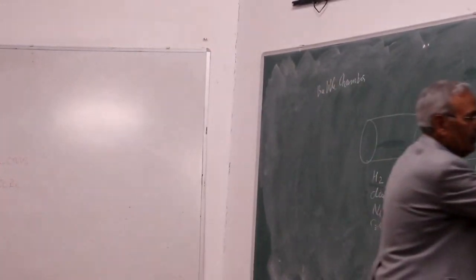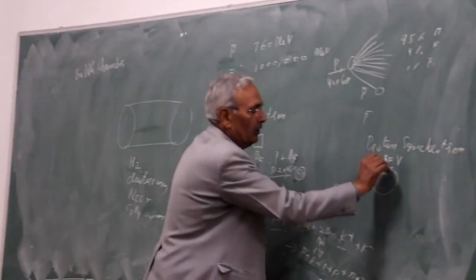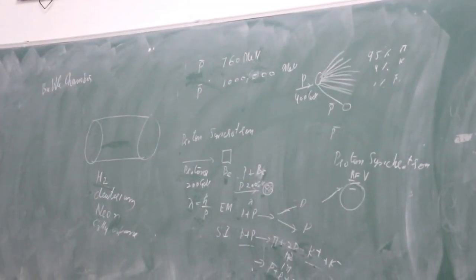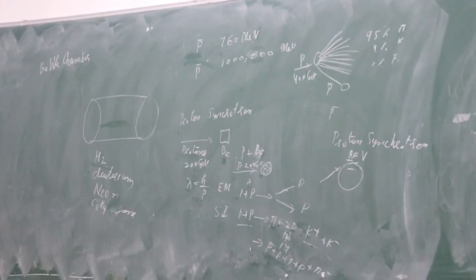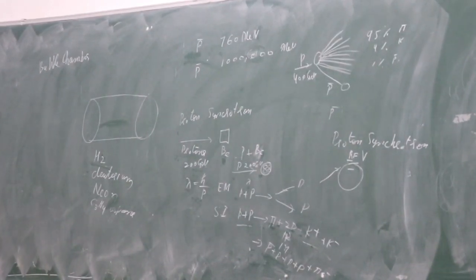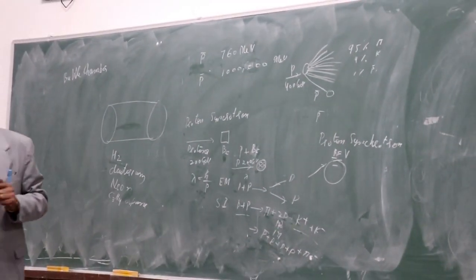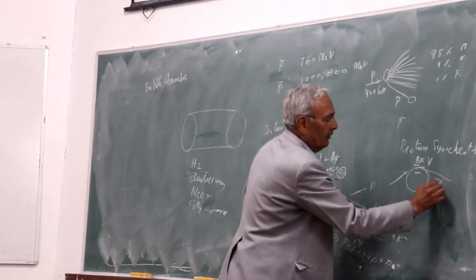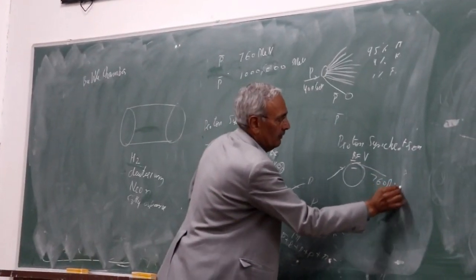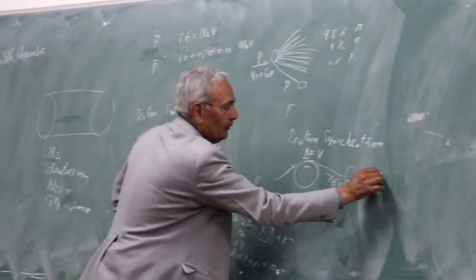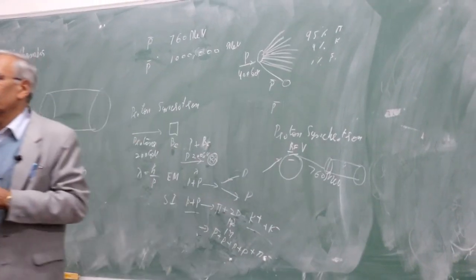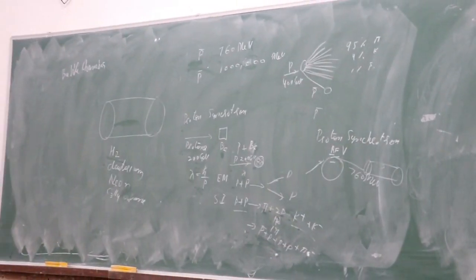It moves around and comes back. Every time it passes through the RF cavity, which is at only one place, it gets accelerated. That's how the particle keeps on accelerating. Once it has acquired 760 MeV, you allow it to pass through the detector, okay, and allow it to have an interaction.